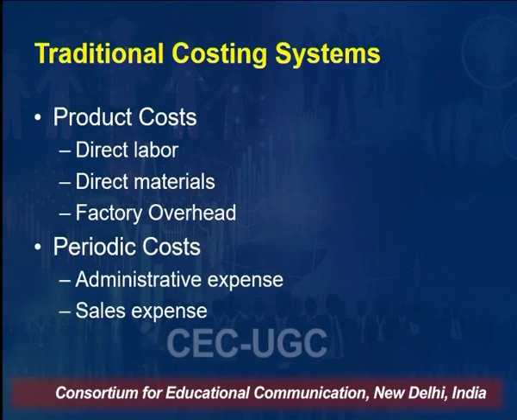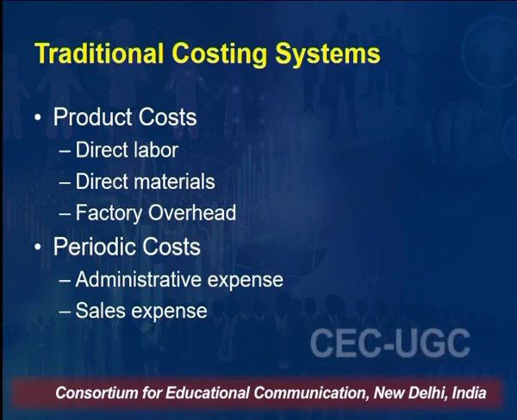If you remember, when we started our discussion about costing or management accounting, we talked about the cost of production and periodic cost. When I was telling you about marginal costing and absorption costing, we had this discussion about the product cost and the periodic cost. The product cost essentially involved material, labor and overheads.